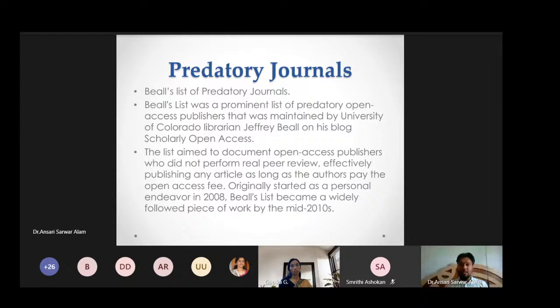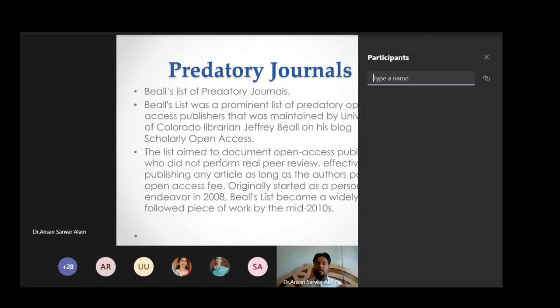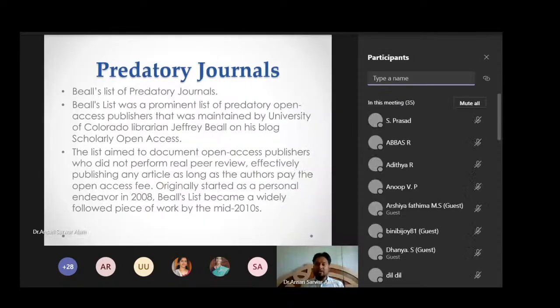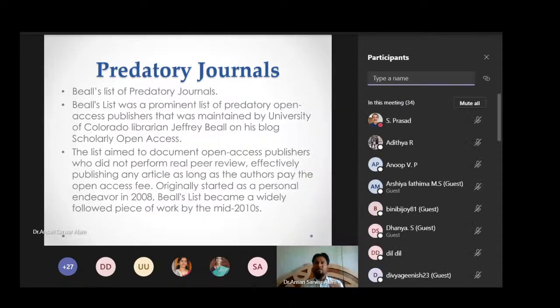There are boards like the ABDC board, and different boards which mark whether a particular journal is workable and accepted by scholars or not. So predatory journals come under those categories which are not accepted by scholars or academicians with regard to research work. These journals have some lacunas.